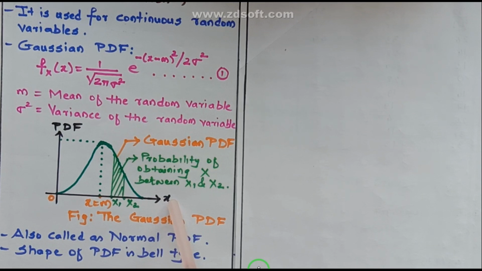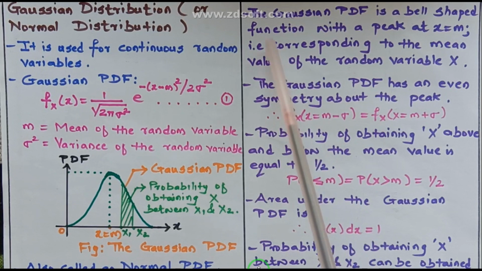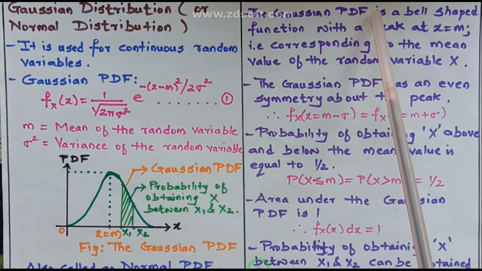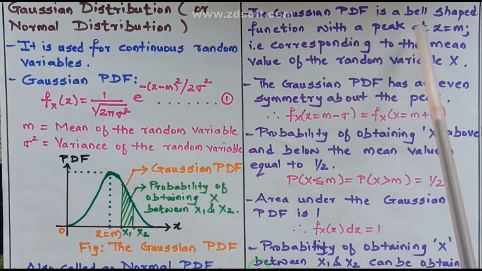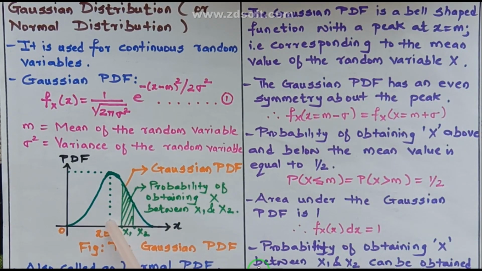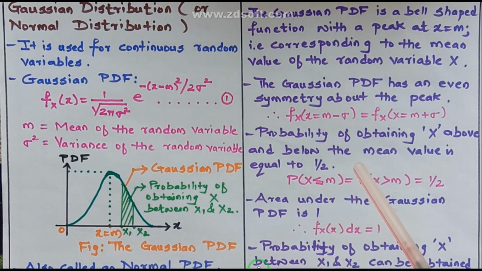You can observe from this graph that the Gaussian PDF is a bell-shaped function with a peak at x equal to m. You can see over here, this is the peak where x equal to m. It is nothing but the mean value of the random variable x.